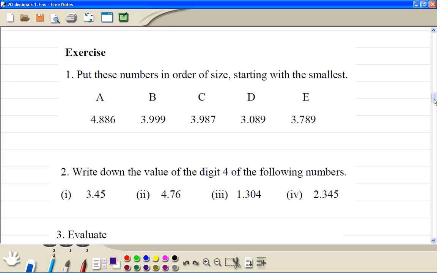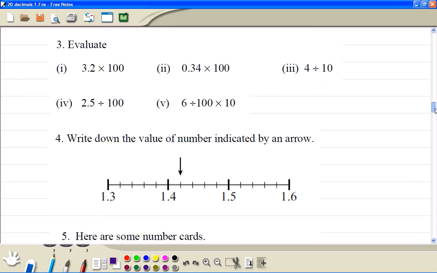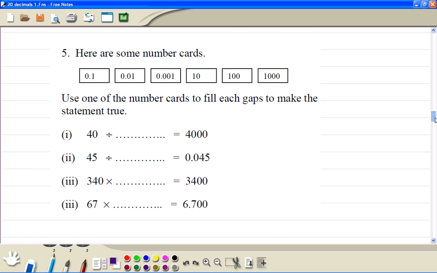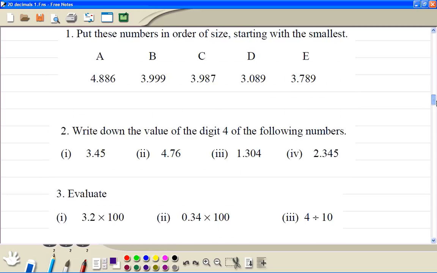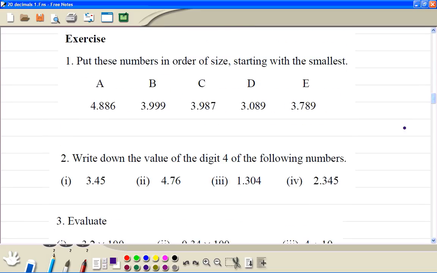Question 1, 2, 3, 4 and 5. Now we have to find the smallest first. We can see that all the other ones start with 3, but here it's only 89, so that's position 1.